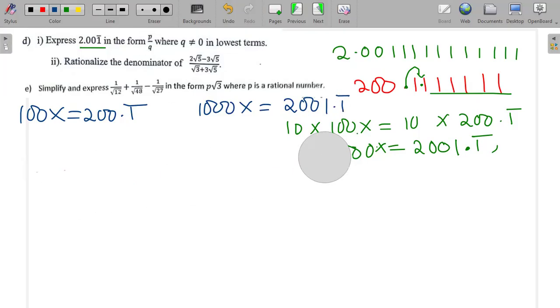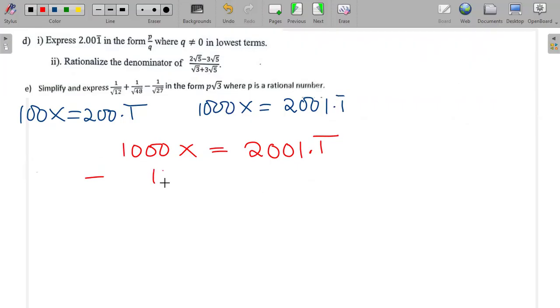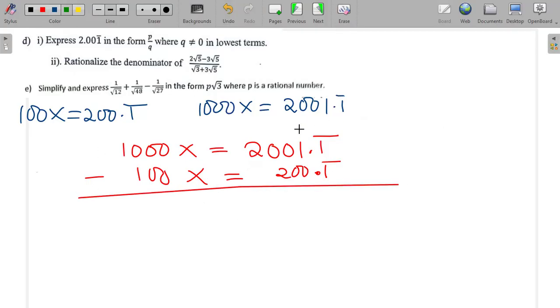Once I get those two numbers, I'm done converting, because now I'm just going to subtract. 1000x equals 2001.1 bar, then I subtract 100x equals 200.1 bar. The whole purpose of finding these two numbers is that once we subtract them, the repeating part should cancel out.